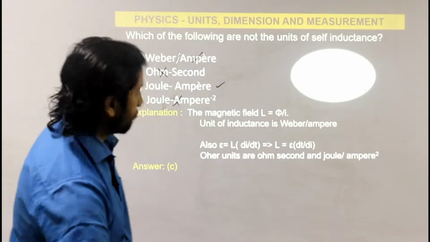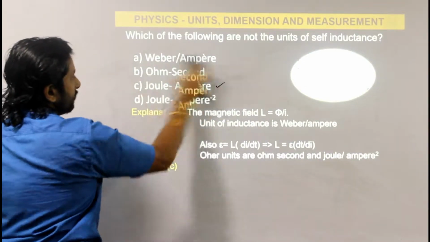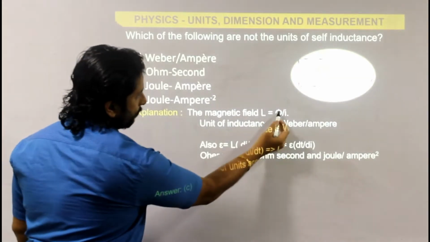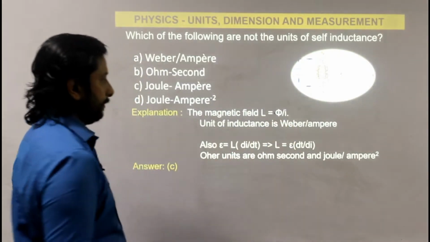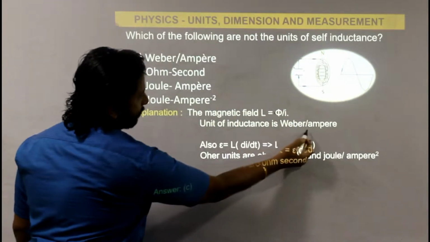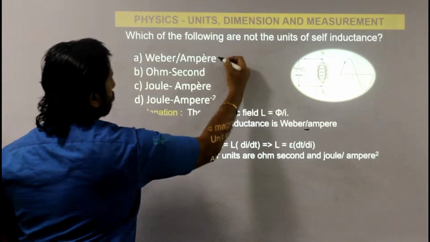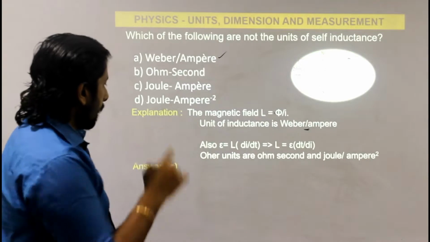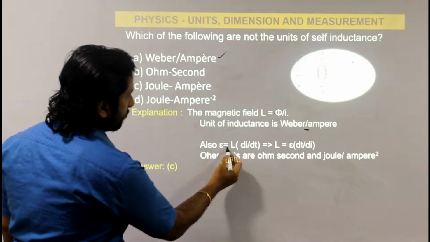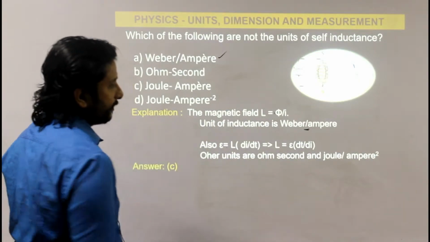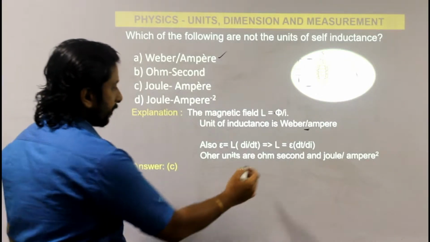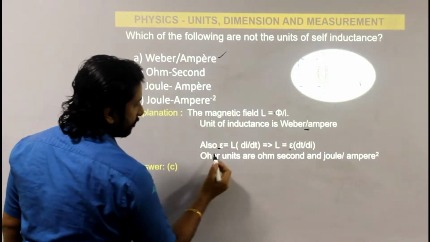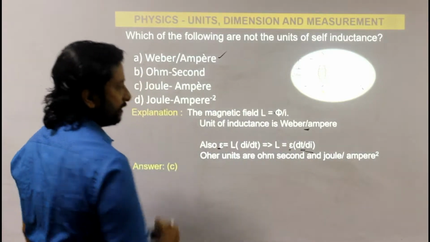Now let's move on to the explanation. Over here, magnetic flux: L is equal to psi divided by I. So the unit of inductance is Weber per ampere, so the first one is a unit. And over here, epsilon equals L di by dt. So if I rearrange it, epsilon into dt divided by di.